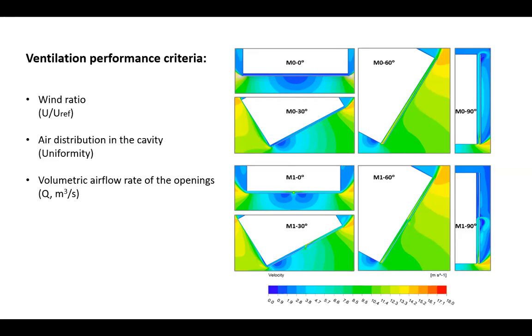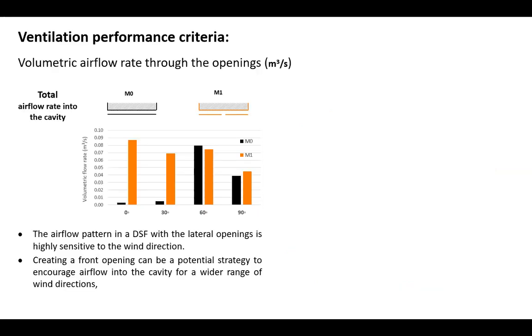For ventilation performance assessment, we use 3 criteria: wind ratio or normal velocity in the cavity, air distribution in the cavity as uniformity, and volumetric airflow rate of the openings. This figure shows the comparison between M0 with just lateral opening and M1 with lateral and front opening.